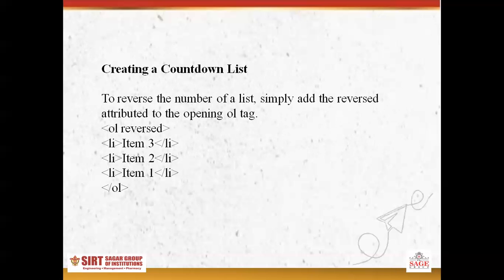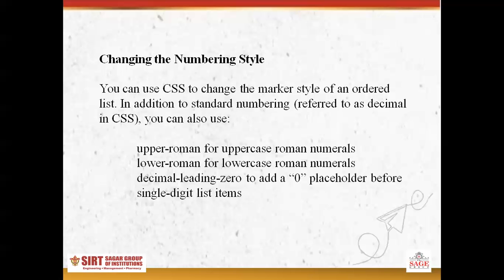Item 1 starts with li, item 3 li closes, then item 2, item 1, and the OL list is closed. Here you can see that item 3 is 3, then 2, then 1. So this is basically a countdown list. When you conduct any countdown like 10, 9, 8, 7, 6, 5, 4, 3, 2, 1, for that you create a countdown list.